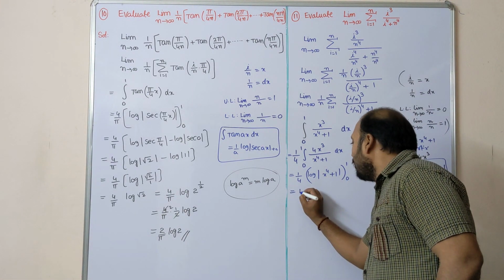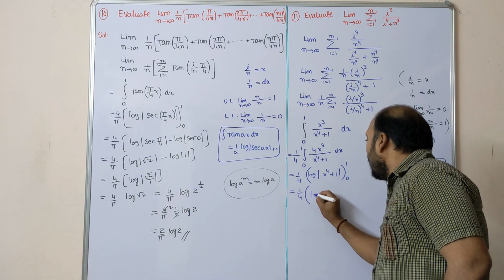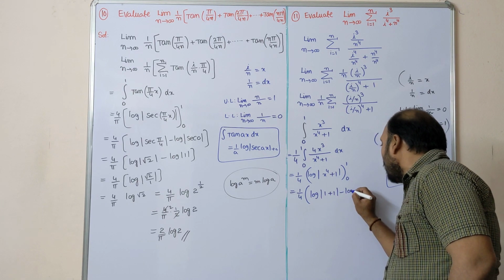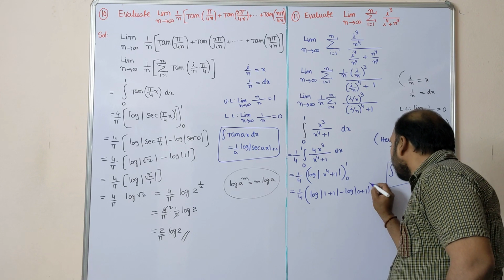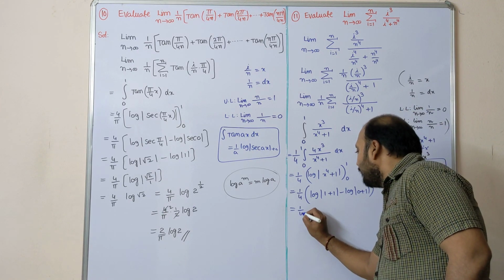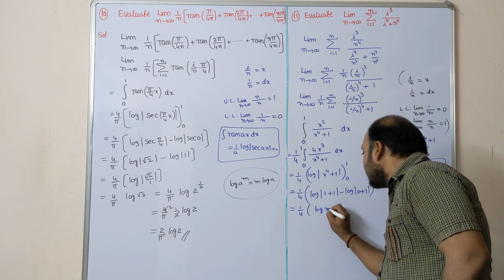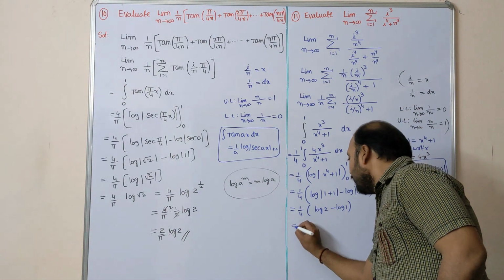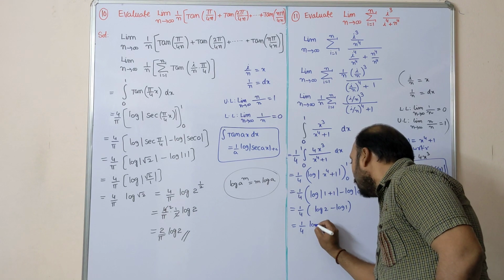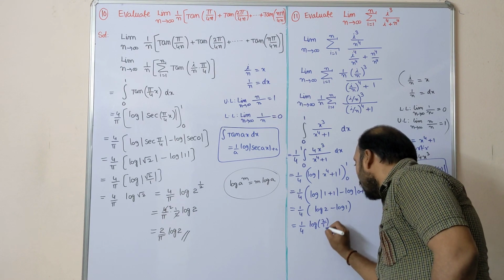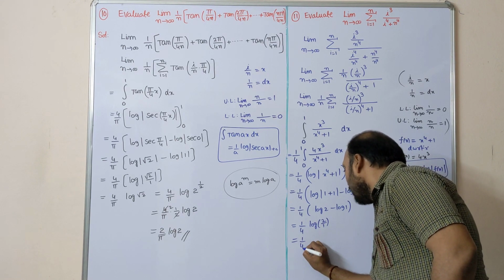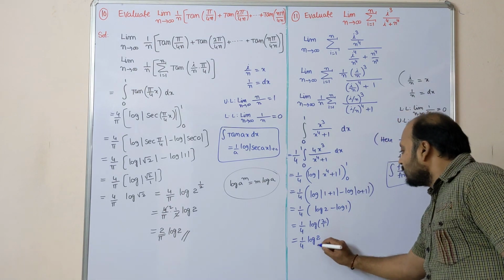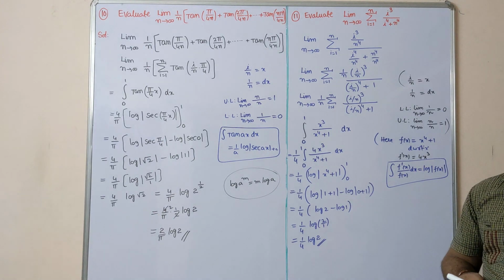So 1 by 4 into log of 1 power 4 plus 1 minus log of 0 plus 1, which is equal to 1 by 4 into log 2 minus log 1. Log a minus log b is log a by b. So 1 by 4 log 2, since log 2 by 1 is log 2 only, no? 1 by 4 log 2. So this is the required value.